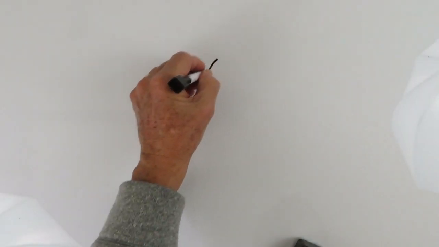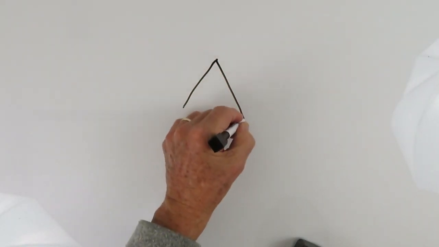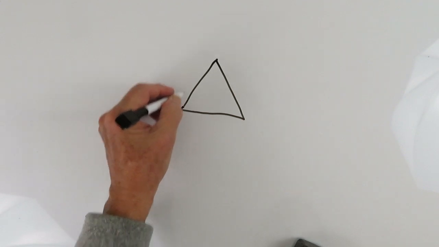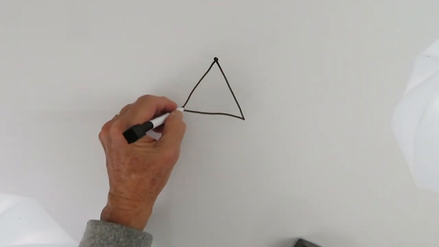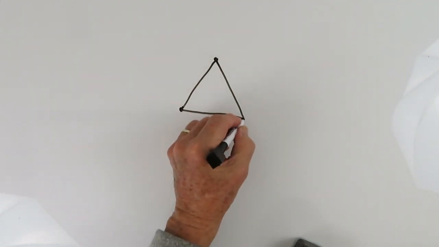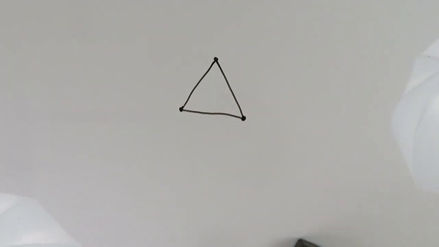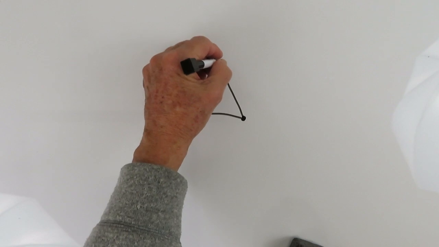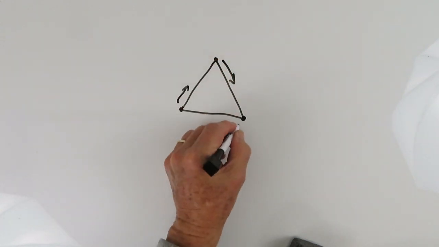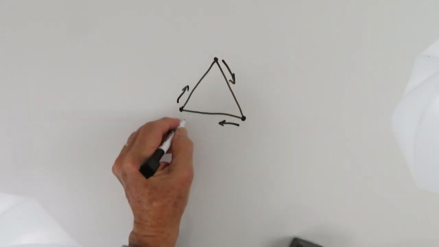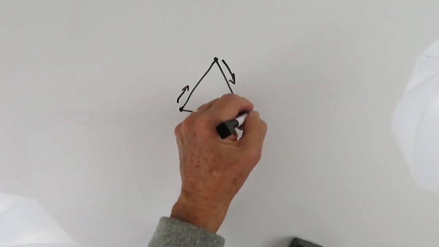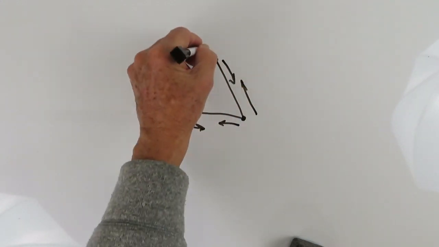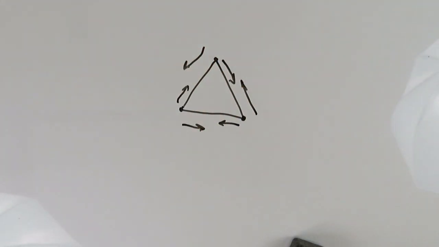On the other hand, if you had three nodes and three edges, so that each node had two edges connected to it in a triangle, now you can send signals here, here, and here, or the reverse, like this. And that's interesting, but not really.